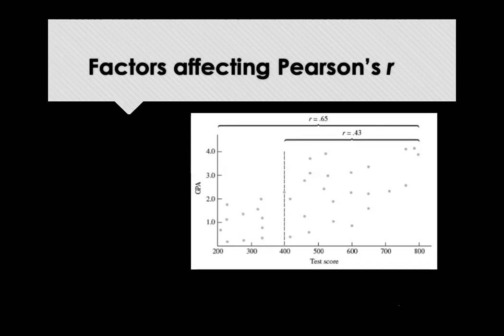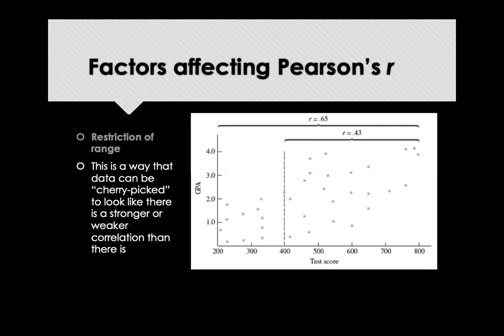Okay, some other things that affect correlation measurements, or Pearson's R, and these are really important things to be aware of. One is restriction of range. So this is important because the way that data can be cherry picked is a term you may have heard or will hear, to look like there is a stronger or weaker correlation than there is.